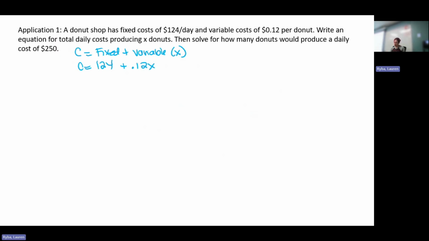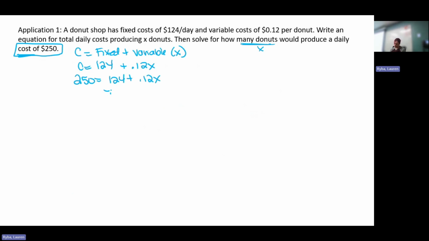All right, so we did the first part. Then solve for how many donuts would produce a daily cost of $250. So we have the cost is $250 and we want to know how many donuts x there are. So where am I going to put that $250? In for C, equals 124 plus 12 cents x. And then we just solve it.